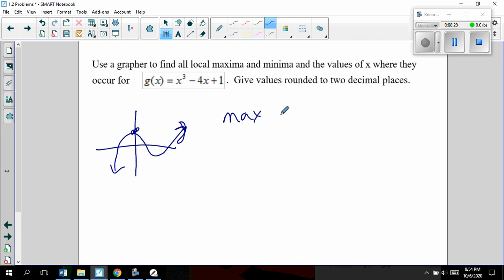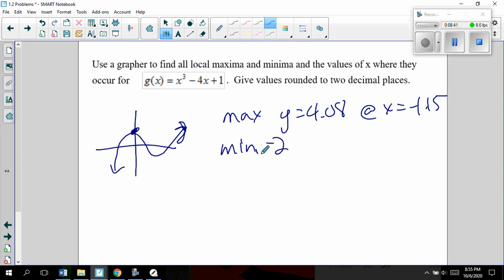So you would have a maximum of y equals 4.08 at x equals negative 1.15. That's this point. And you would have a minimum value of y equals negative 2.08 at x equals 1.15.